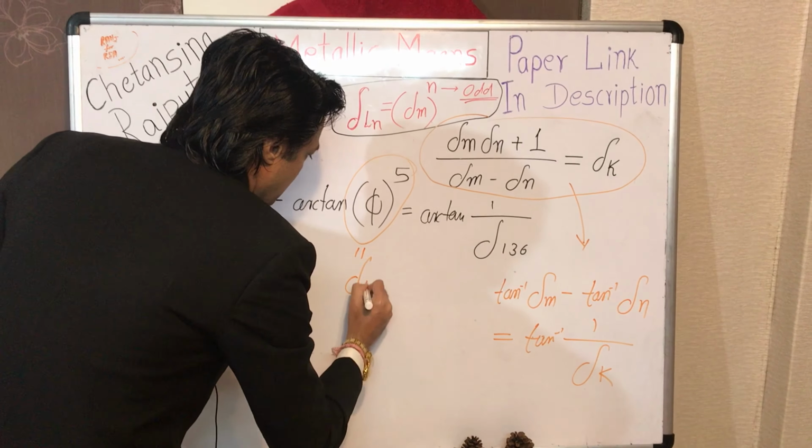Okay, and not just for the golden ratio, we can express several metallic ratios in terms of several different odd powers of different metallic means.